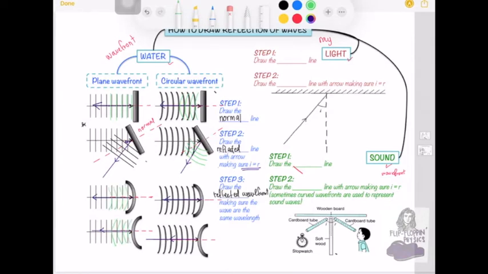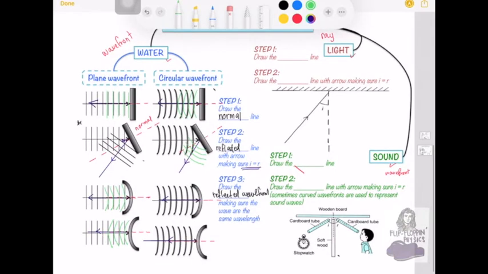For the next one, when you have a curve like this and the circular wave that hits it is the same as it is, when it is reflected back it will become a plane wave. You should use a ruler, but I just want to be quick here. And then the last one, when it comes in with this kind of shape, it will follow the shape of the curve again. So that's how it's going to look.